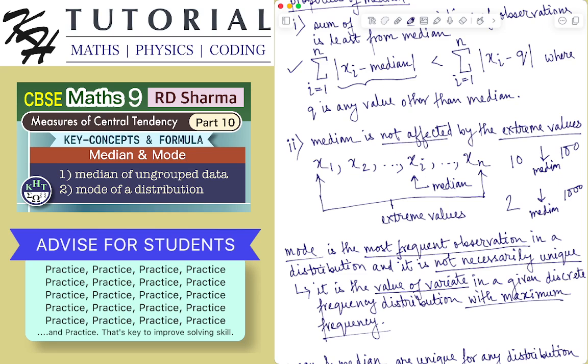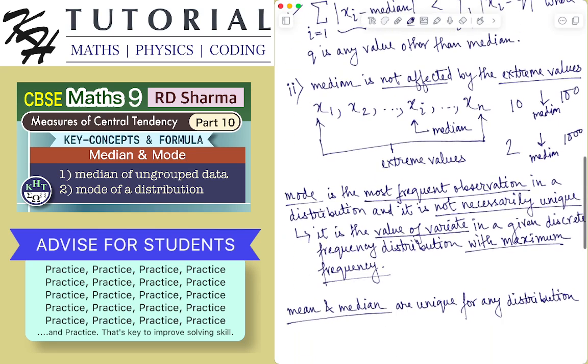That value of the variate whose frequency is maximum is the mode. Now one thing to keep in mind is that there could be more than one value of the variate whose frequency is the same and maximum. So mode is not unique for a given distribution.